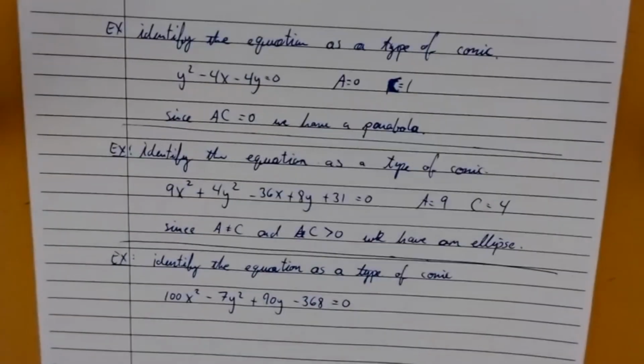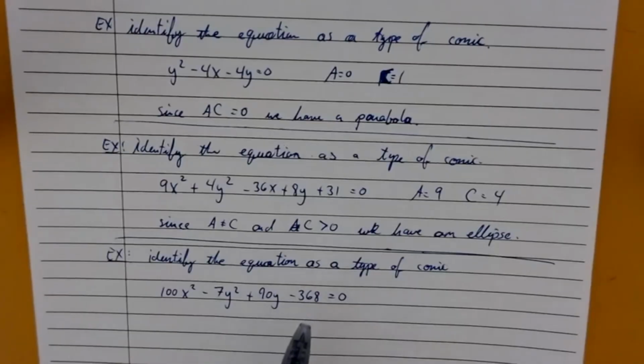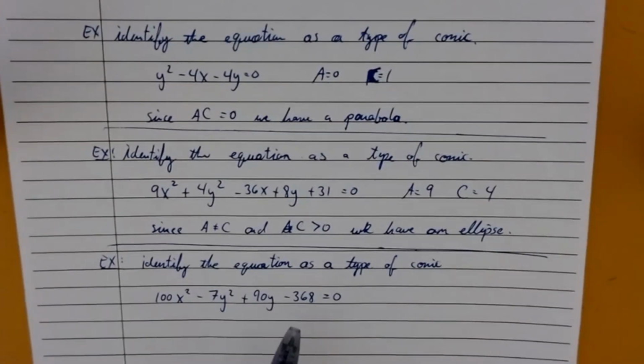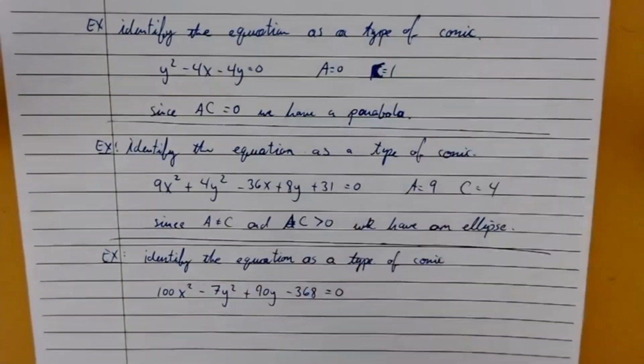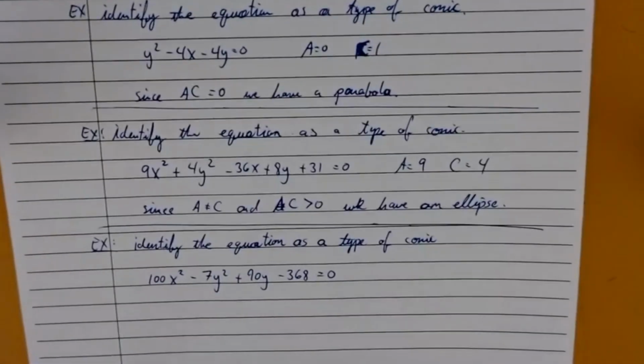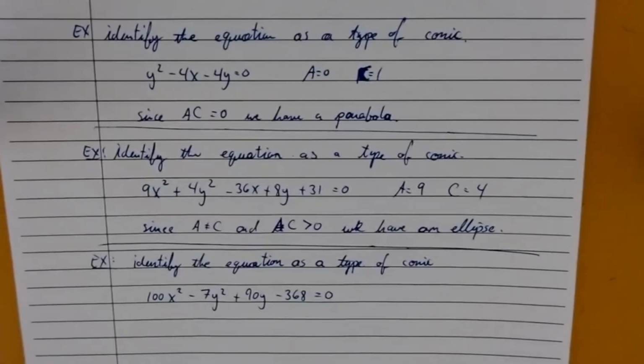Notice one thing you could always do is complete the square, and when you're done, you'd end up with the standard form of either a circle, an ellipse, a parabola, or a hyperbola. But this saves you from having to do all of that. Right here, with just this test, we can figure out what kind of conic we have without having to go through all the algebra of completing the square. So go ahead and give that a try. Pause the video and go through that. And once you have identified the conic, go ahead and unpause and we'll go through it together.